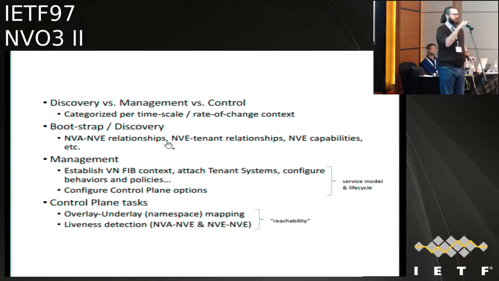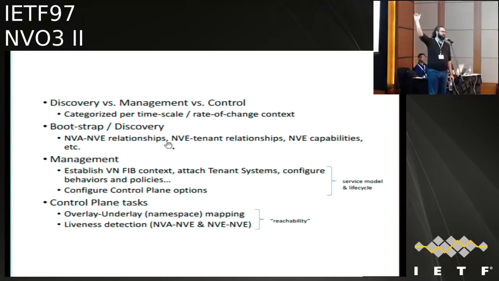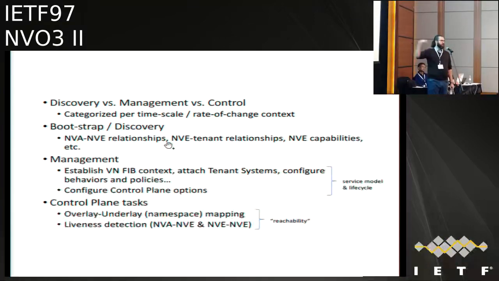So I think because I might not understand what you just said. What I think you're talking about here is something we tried to distinguish as a difference between management and control plane.